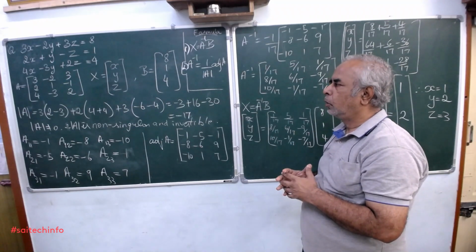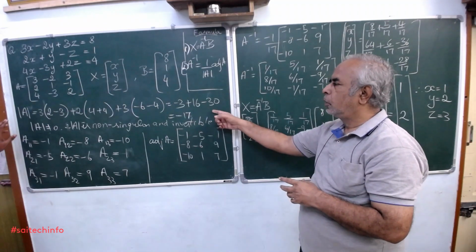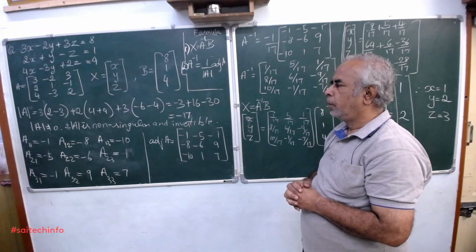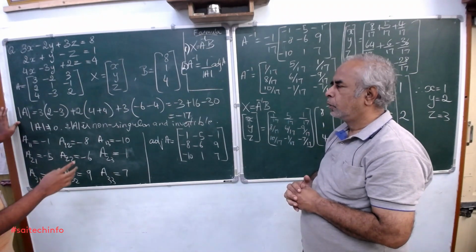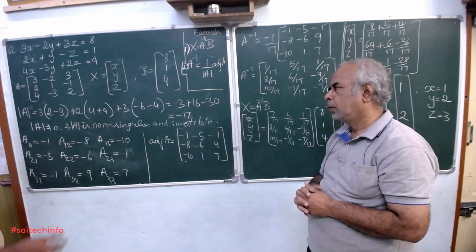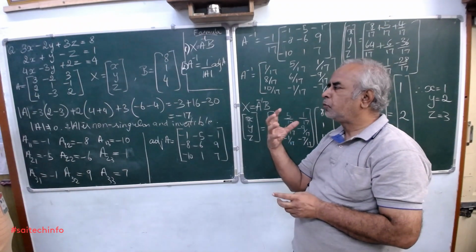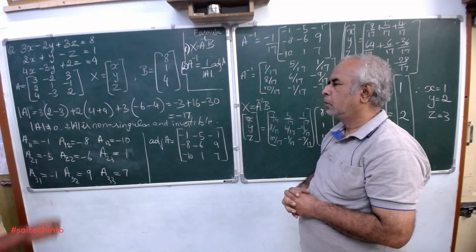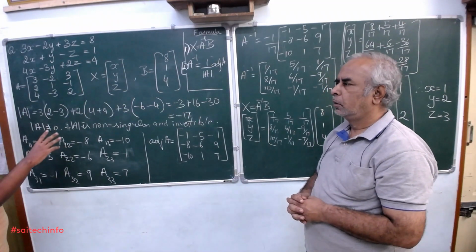Before finding the cofactors, we have to check whether the matrix is non-singular and invertible or not. What is the condition for a non-singular matrix? The determinant should not be equal to 0.